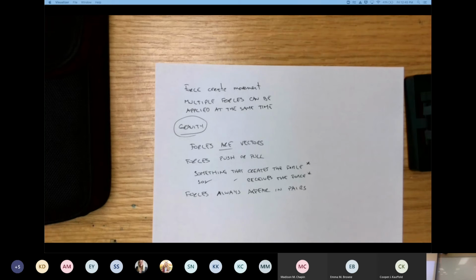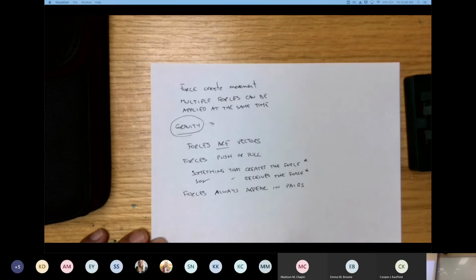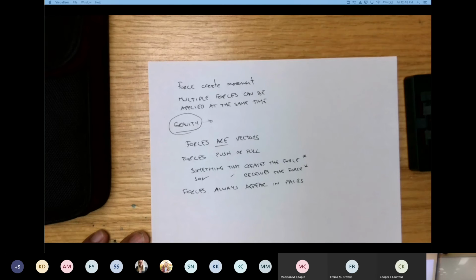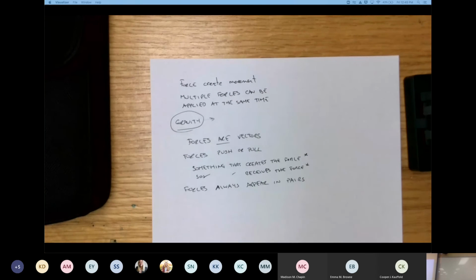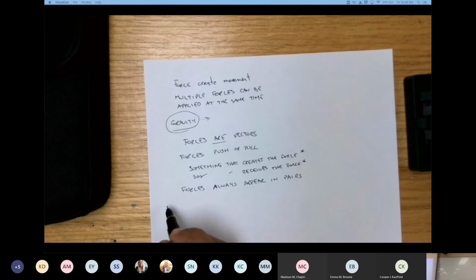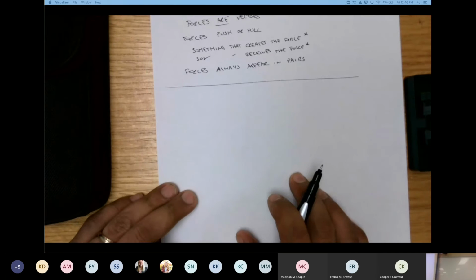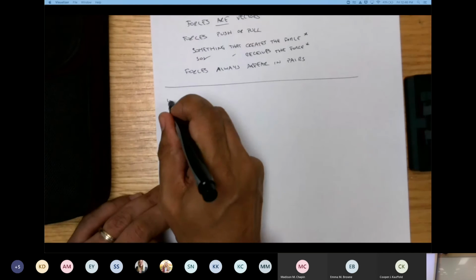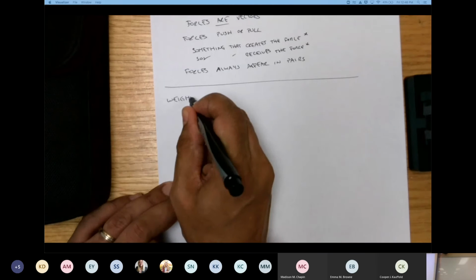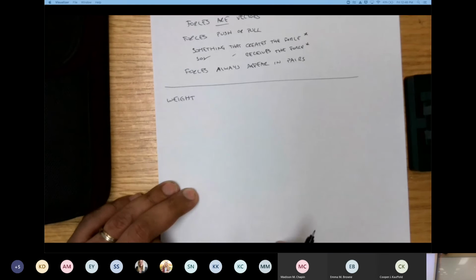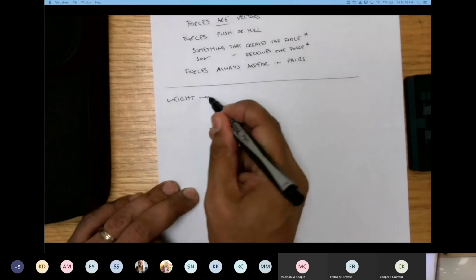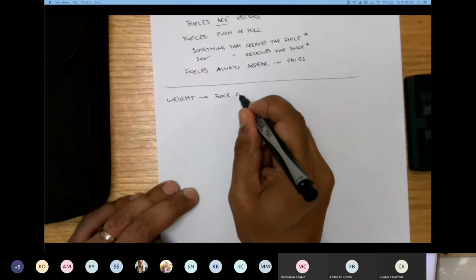Now, Mary mentioned gravity. And she said, like, oh, gravity is a force. And it's not necessarily true. It's partially correct. It's not completely wrong, but it's not completely right. So we have weight. And weight is a force. And weight is the force created by gravity.